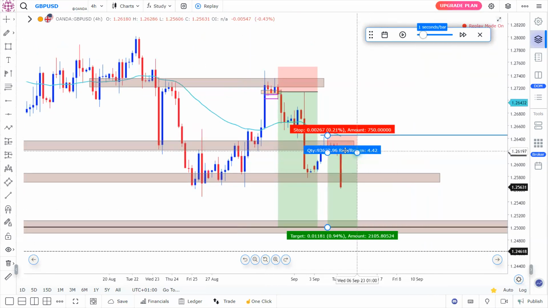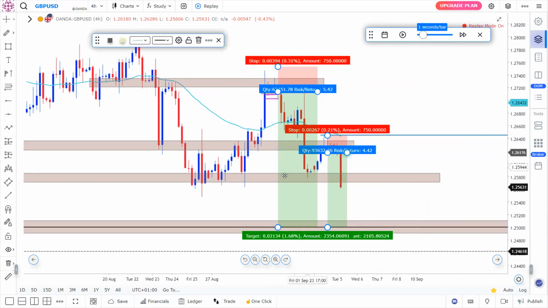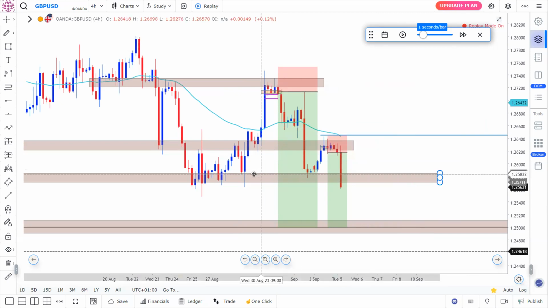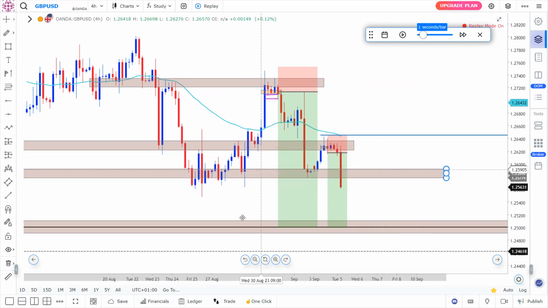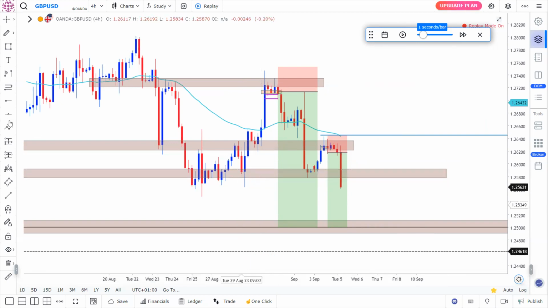And now again, this is where I was waiting now again for a retest of this structured level, previously a support, now turned to resistance, to get in on yet another sell trade.